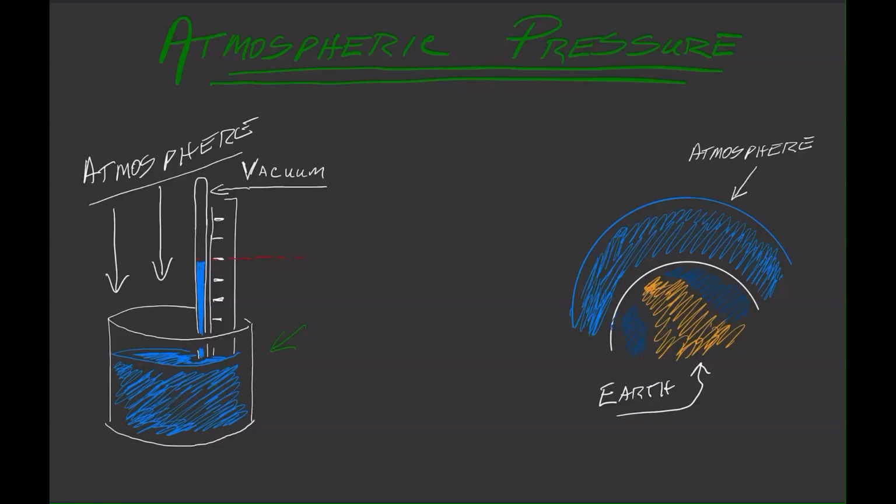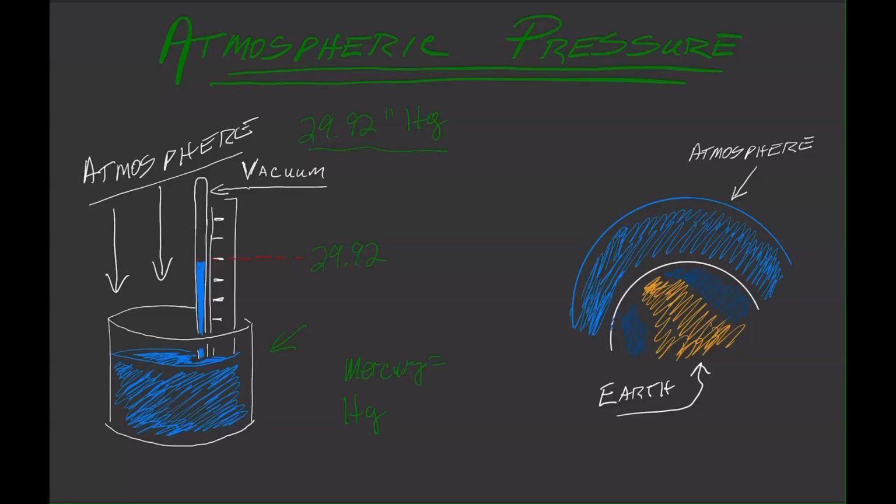If we put a ruler next to it, and this is 29.92 inches, we could say that the atmospheric pressure equals 29.92 inches of mercury. The symbol is Hg. So you get the idea that the atmosphere presses down on everything around us, and we measure it in inches of mercury, which is just the amount the atmosphere would press mercury up a tube with a vacuum.